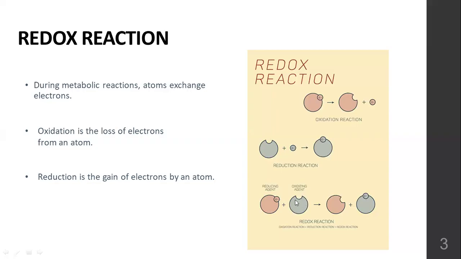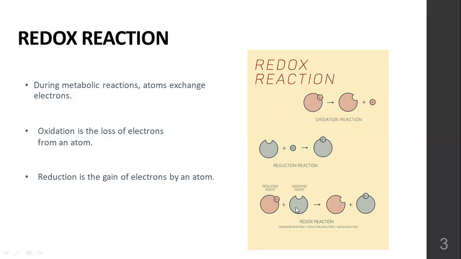This blue color oxidizing agent is a free radical. Now this oxidizing agent will come to your healthy cell's atom and take away its electron to stabilize itself.